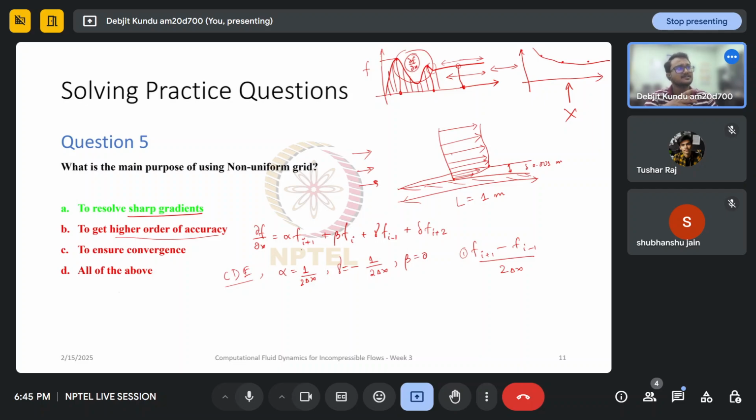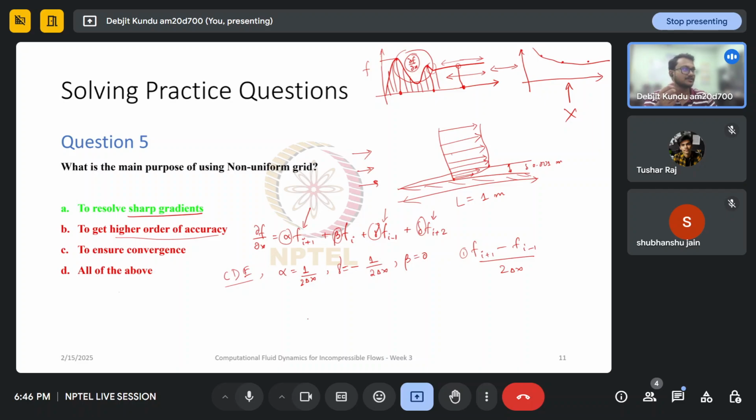In that case, we need to use Taylor expansion to expand out f i plus 1, f i minus 1, f i plus 2 in terms of f i and the derivatives, and then solve for these numbers.